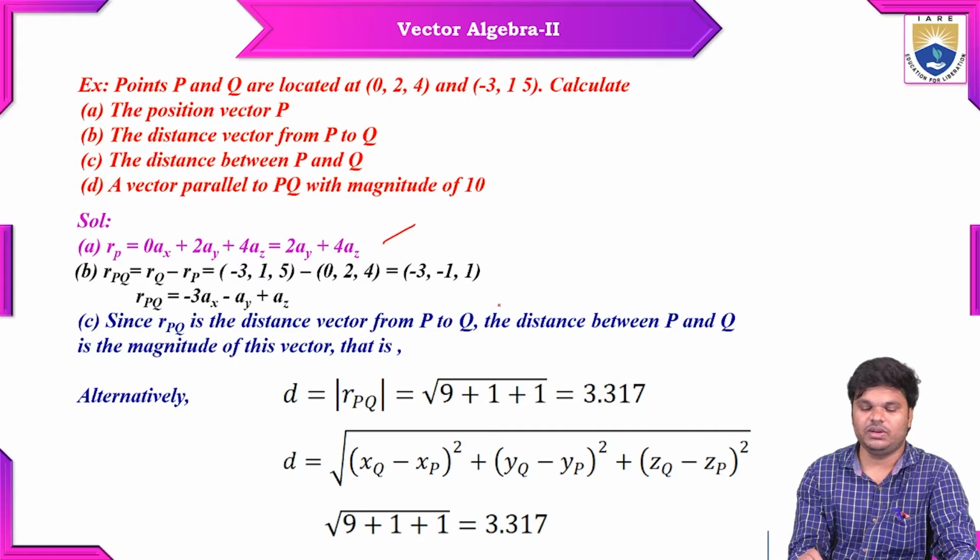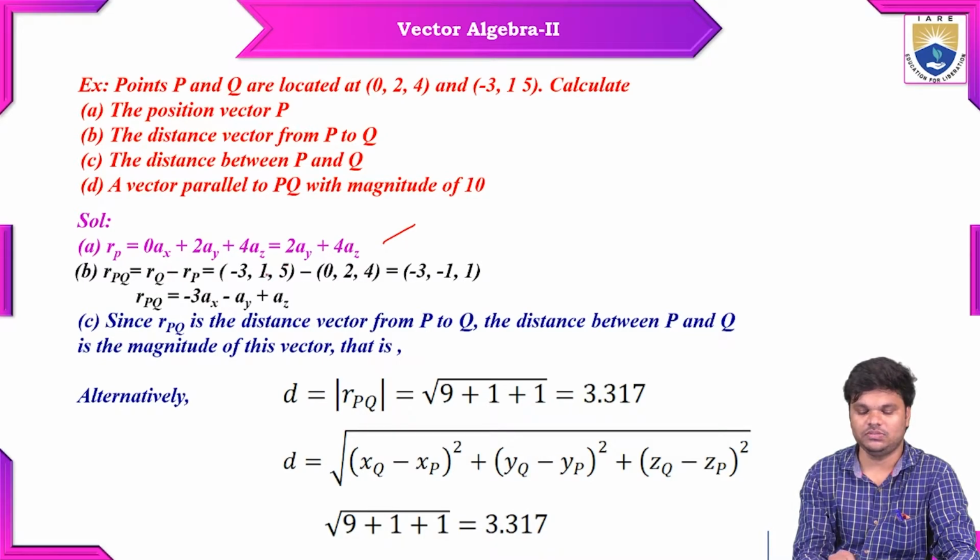And what is the distance vector from P to Q? This distance vector has its tail at P and head at Q. So RPQ is nothing but RQ minus RP, which we have already seen. RQ is (-3, 1, 5) and RP is (0, 2, 4).